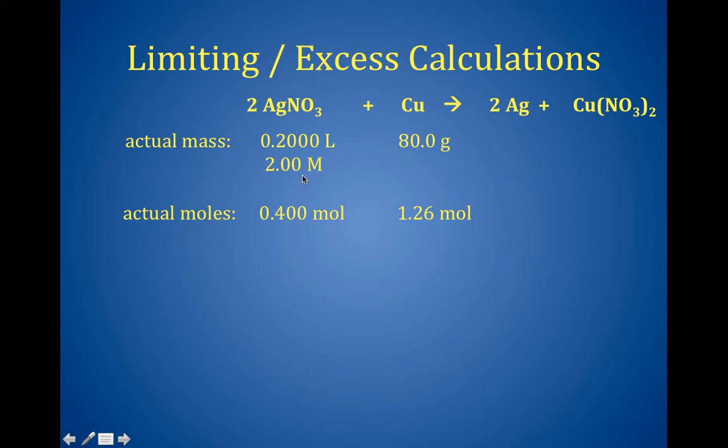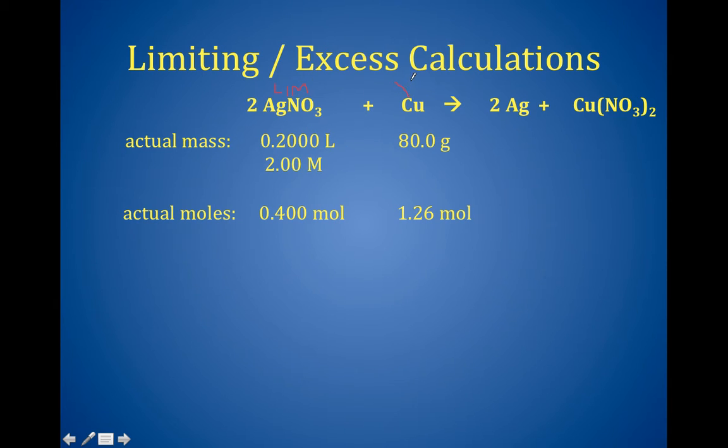Well, if I have volume and concentration, I can easily get the moles of silver nitrate. And I've got mass, so I divide by molar mass and I get the moles there. Now I need to have twice as much silver nitrate as copper. And I don't have twice as much. So I know silver nitrate is going to get completely used up.